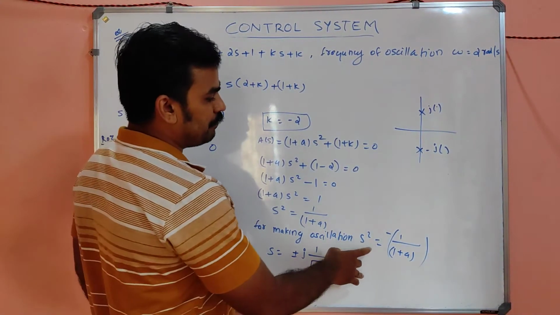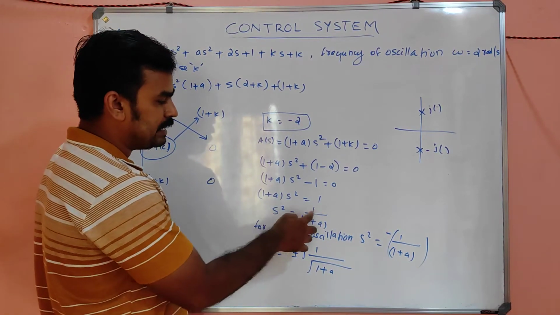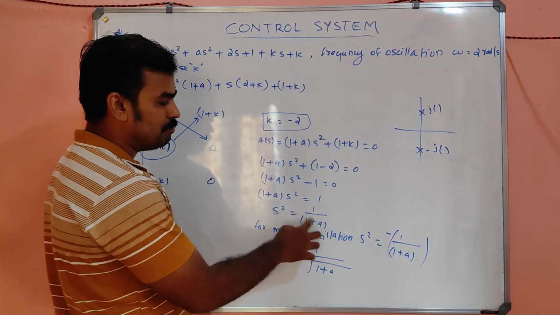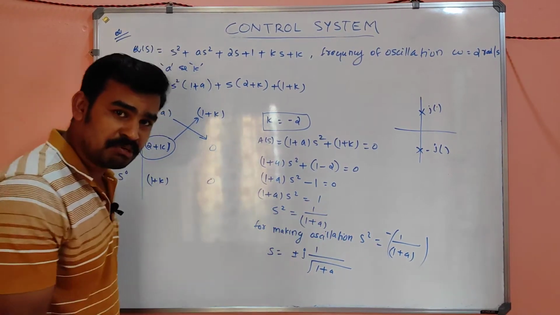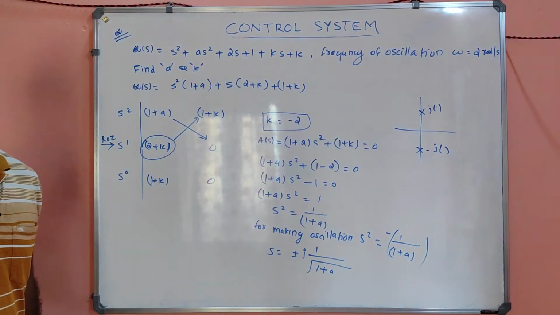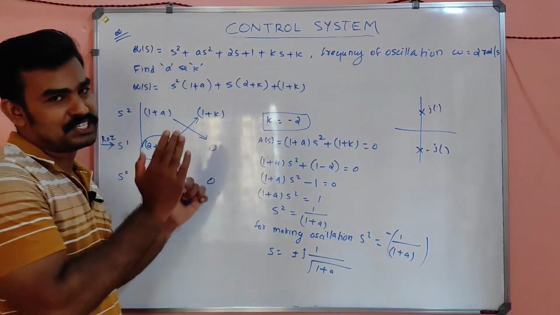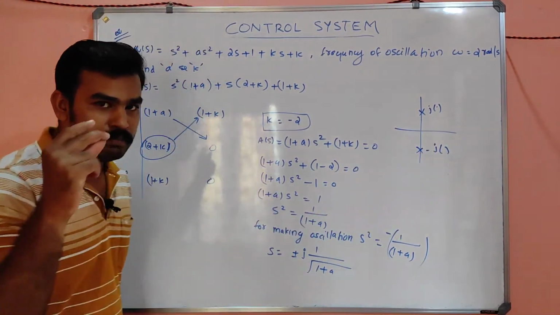If you take simply s square equal to 1 by (1 plus A), then s is simply 1 by root of (1 plus A), which is a positive quantity, which means there will not be any oscillation. If there is an oscillation condition, my dears, definitely some j term and minus j term will be there.